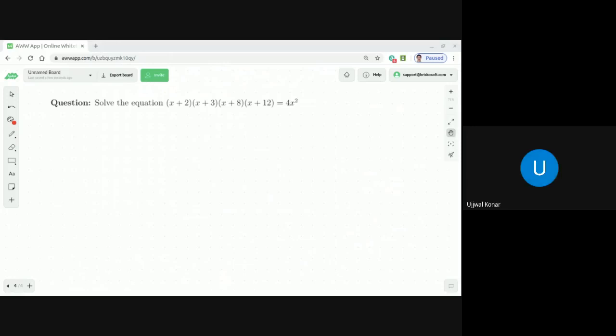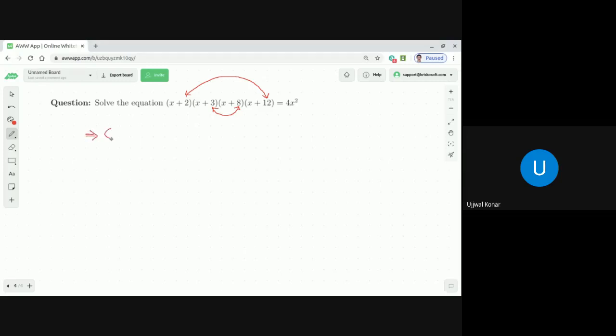Correct now? So the given equation, we can write something like this, that we should club 2 and 12 together. So here the observation is important. What we see is that the multiplication of 2 and 12 is equal to the multiplication of 3 and 8. Correct, no? So I should club these together.